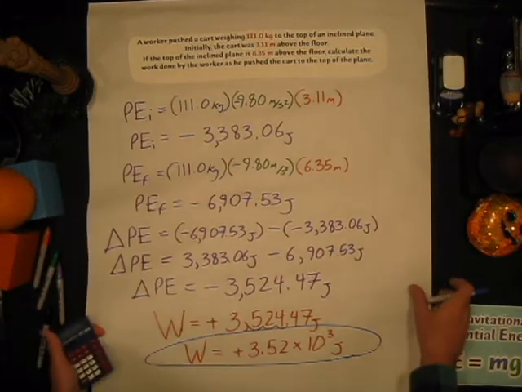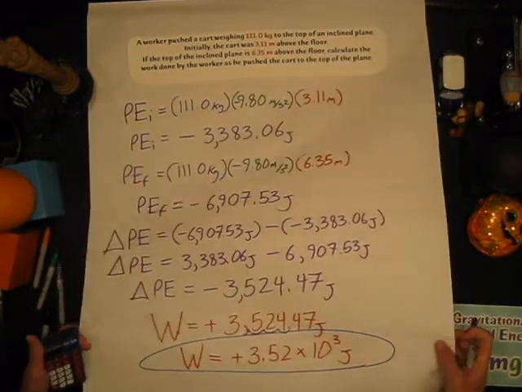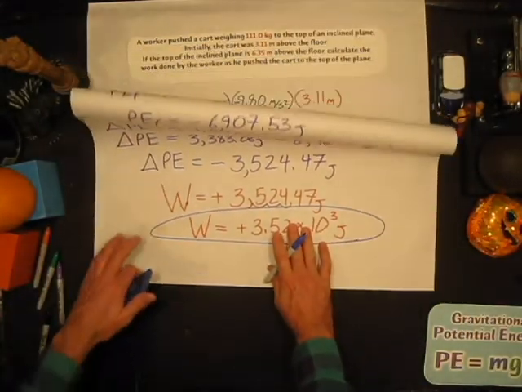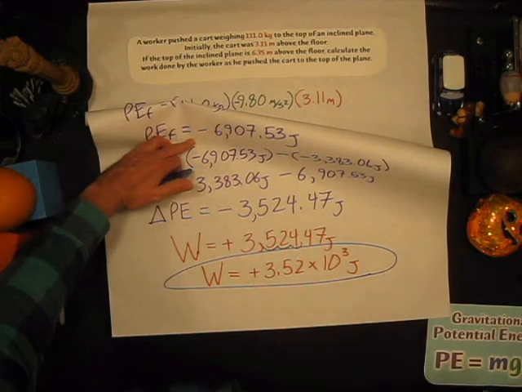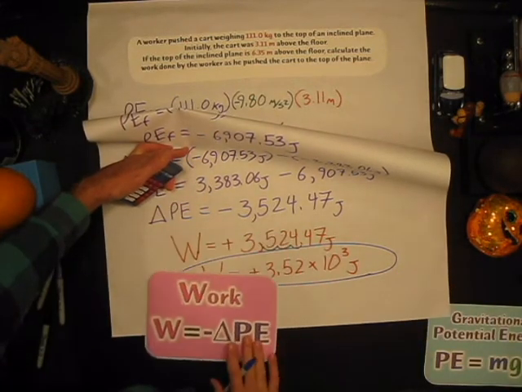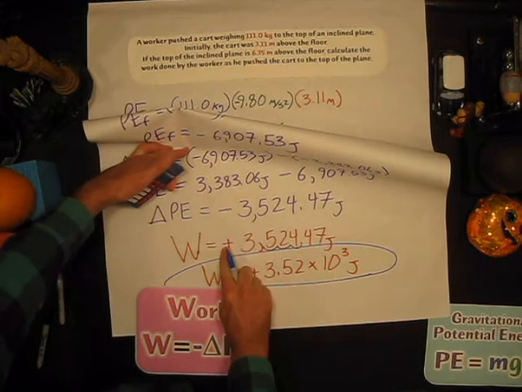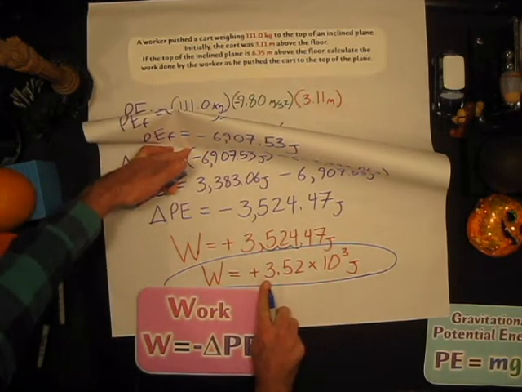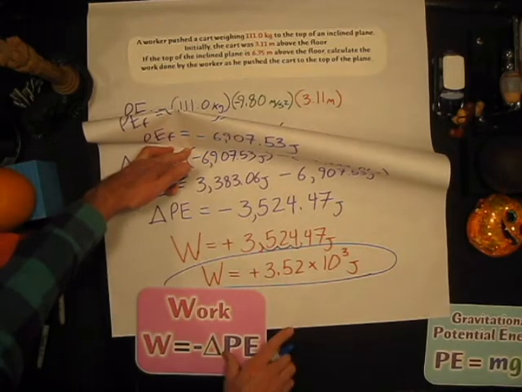And hopefully this is all on the screen, but I'll just slide it up just to make sure. So these are my last couple steps in case they were going off the bottom. Notice this was my delta PE, but because the definition is negative delta PE, I had to take the negative of a negative, making it a positive. And then of course I just had to put it in proper scientific notation.